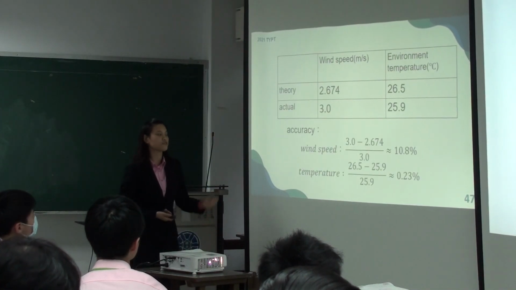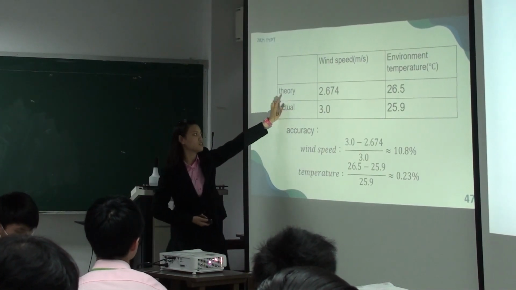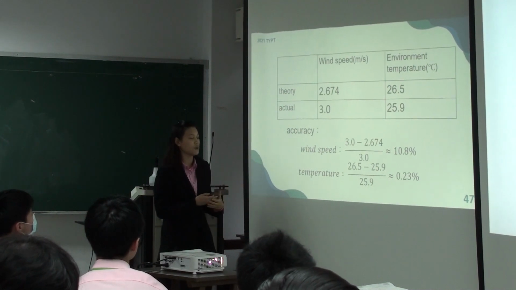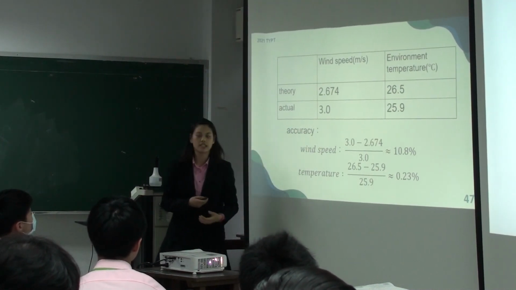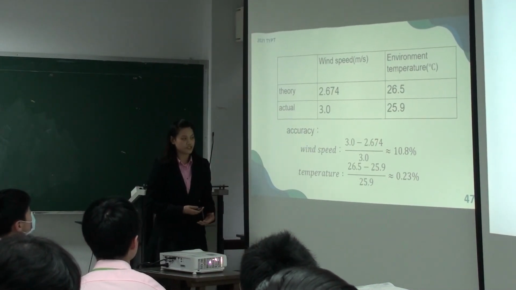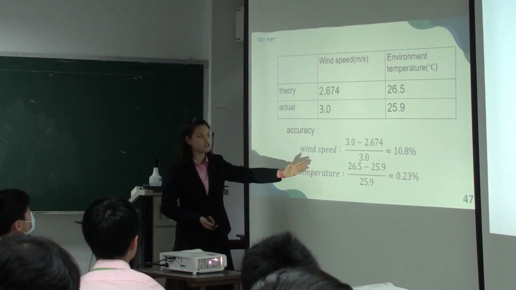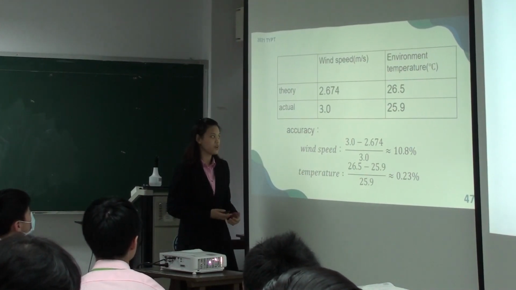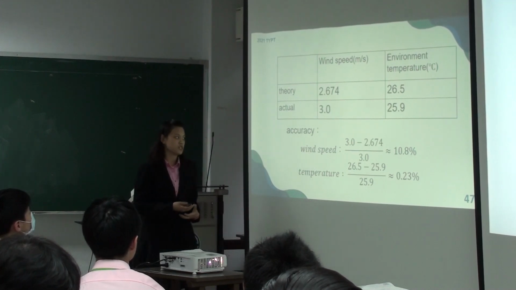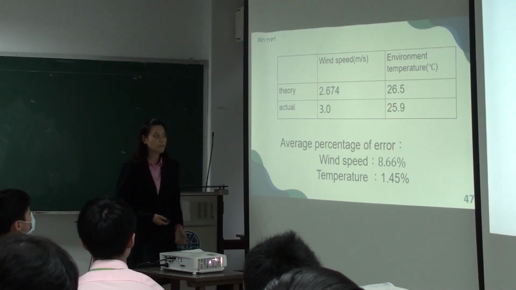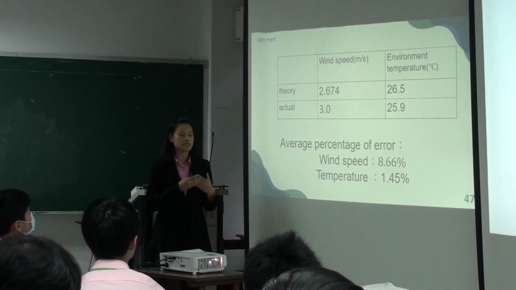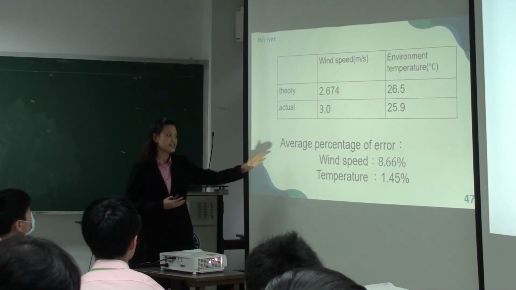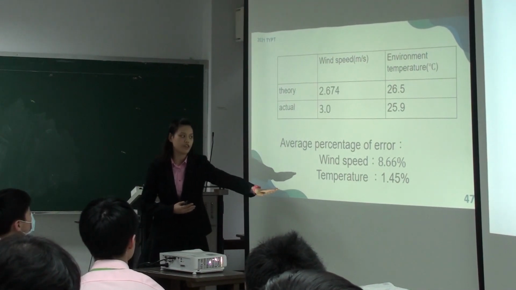And this is the result. For example, the theory is what I calculate, and the actual is the actual wind speed I measured. So the percentage of error is how I express my accuracy. And I did 10 runs of the experiment, and this is the average percentage of error.